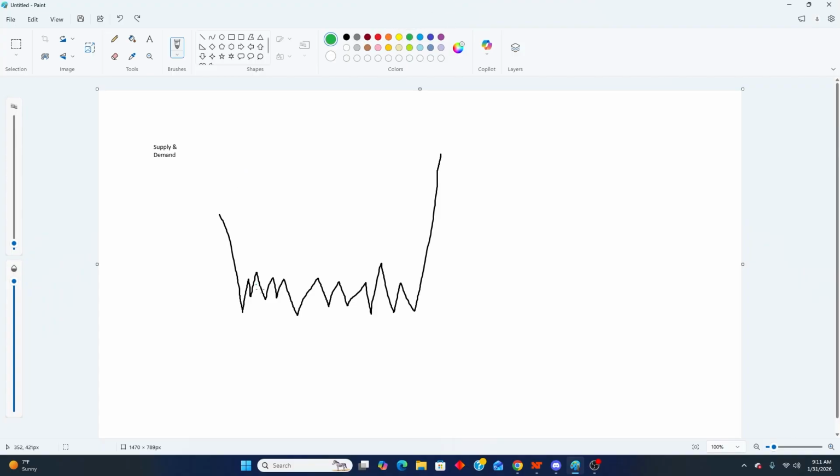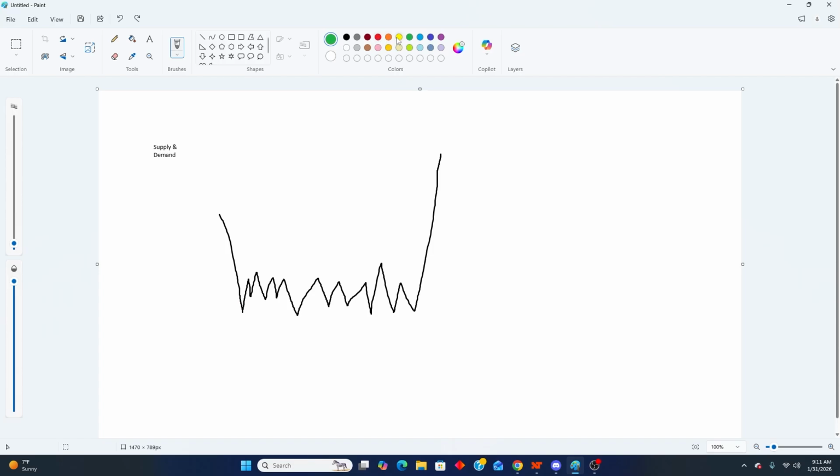Some people will go, okay, look, all of this is our supply zone. No, all of that can't be your supply zone, even if it stays within this box. You feel me? That's just support and resistance.